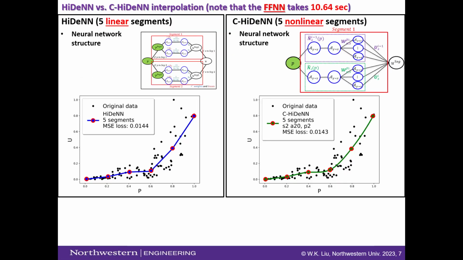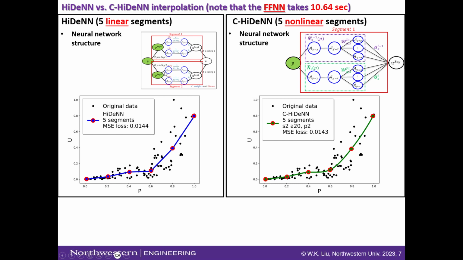Then what about convolution HiDeNN? Why do we need a convolution term in front of HiDeNN? So here's an example comparison between HiDeNN interpolation and convolution HiDeNN interpolation. The key idea is either linear interpolation or nonlinear interpolation. If you look into the left-hand side, HiDeNN, the interpolation is piecewise linear, and this is quite similar to linear finite element methods.